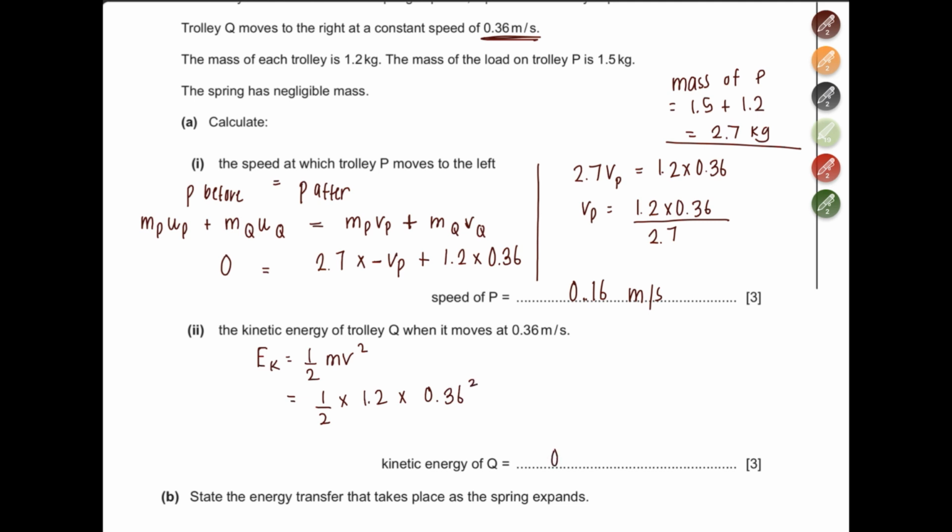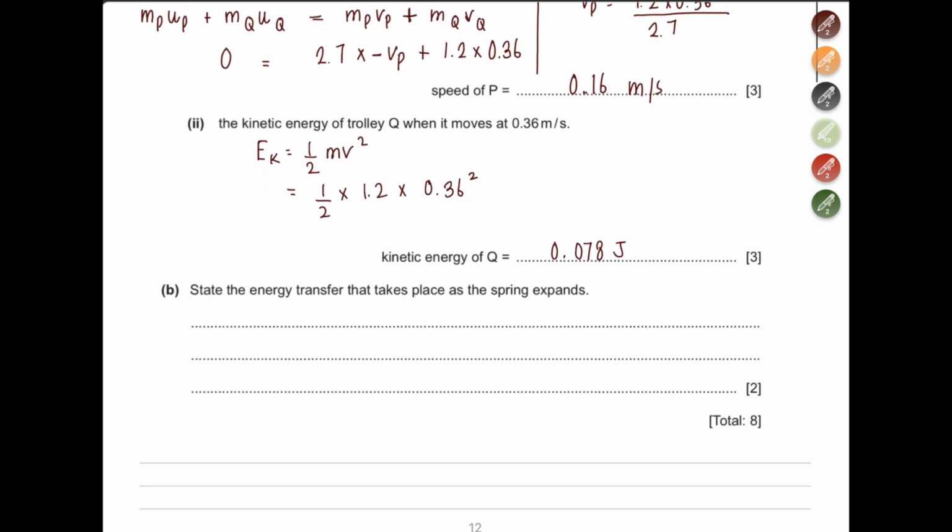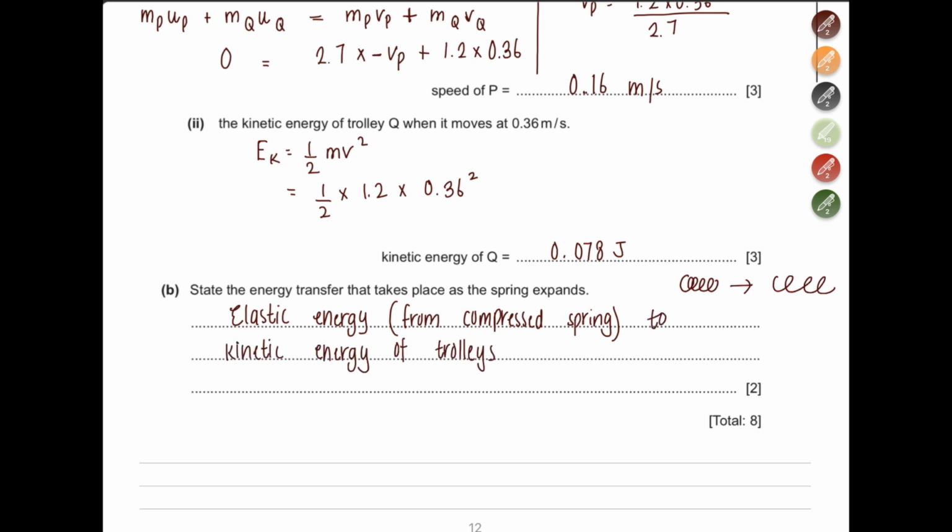Kinetic energy is going to be 0.078 joules. Now state the energy transfer that takes place as the spring expands. First of all, the spring was compressed, so it has elastic energy. As the spring is expanding, the elastic energy is converting to kinetic energy of the trolleys.